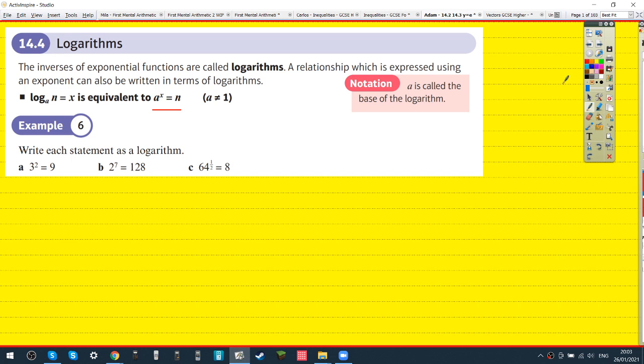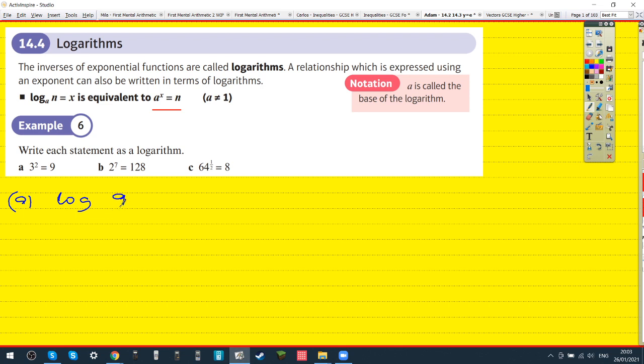So it'd be log 2 and then 9 equals 3. Let's see. Oh no, yeah, it would be the larger number. It'd be log 9 and then 2.